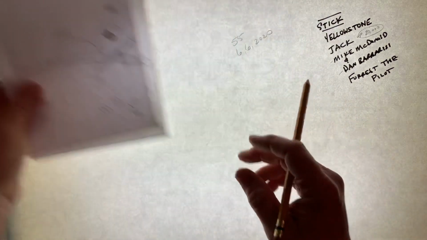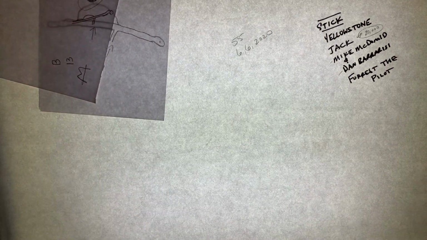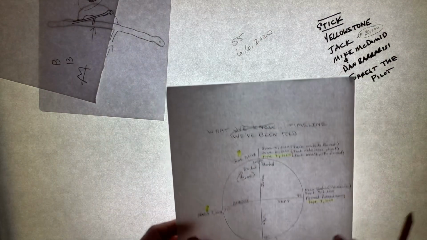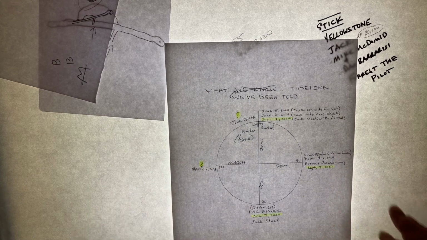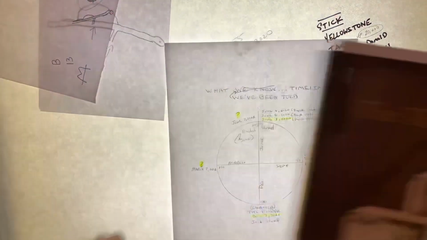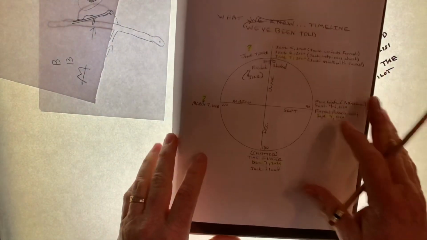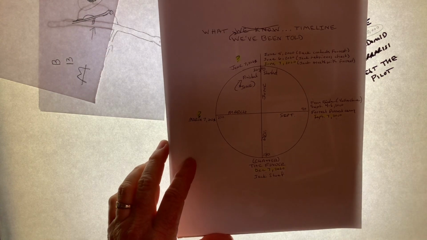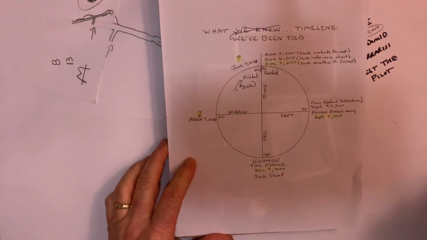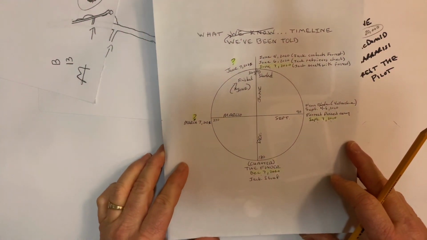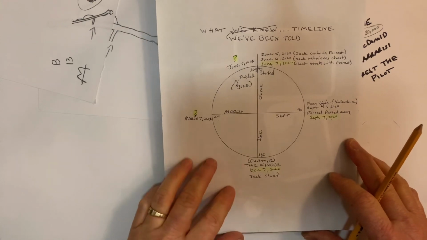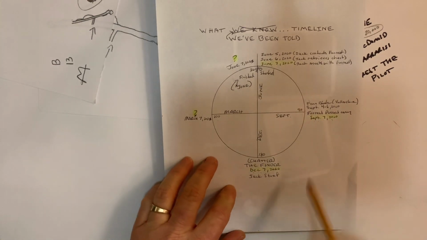I want to talk a little bit about Forrest the pilot. So you can see this a little better. So, Forrest the pilot. Here's a compass wheel.